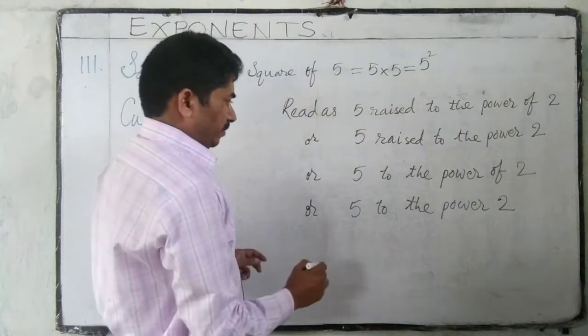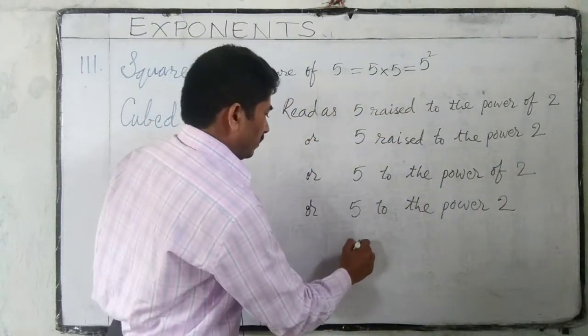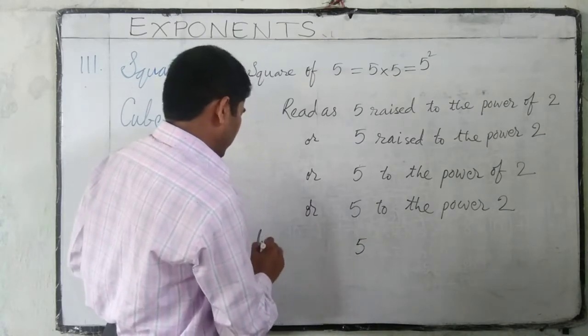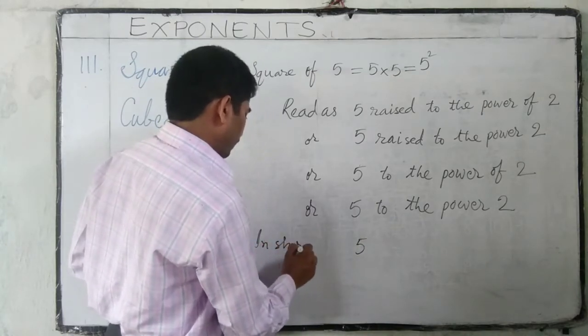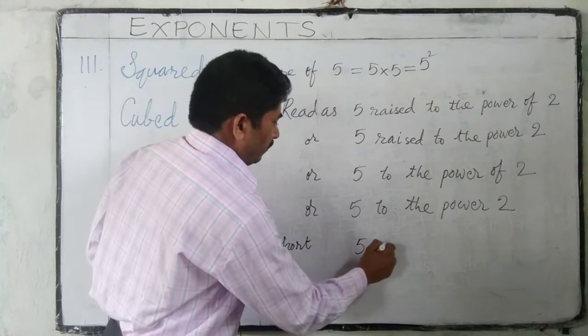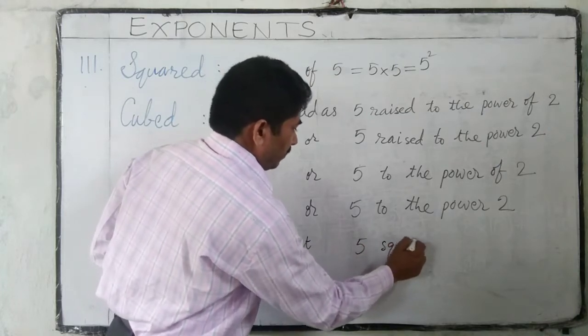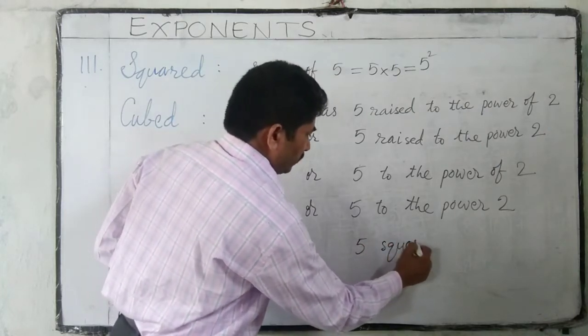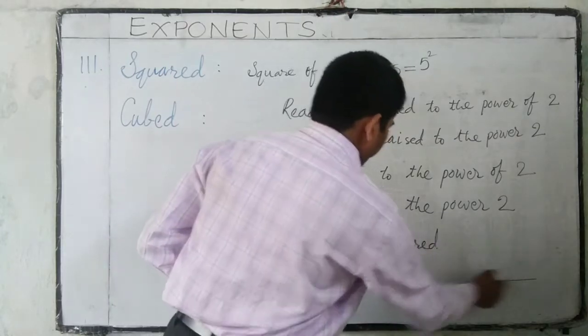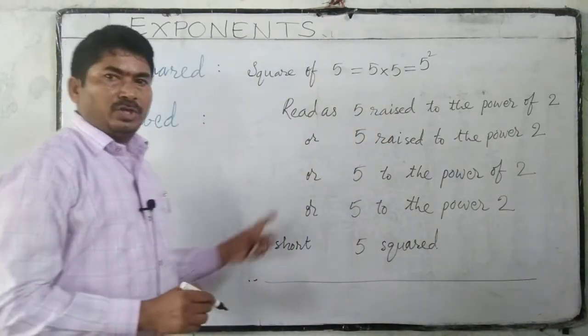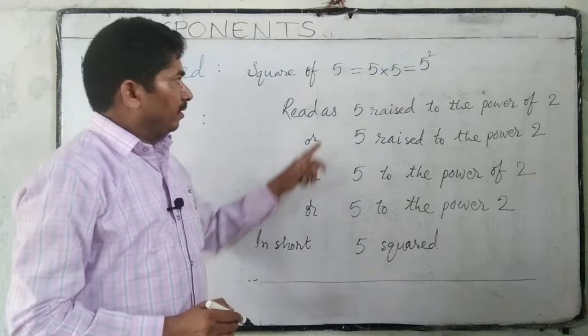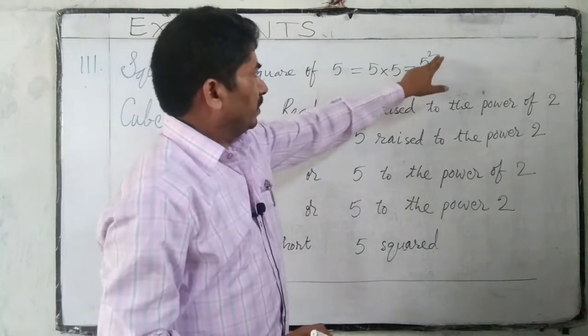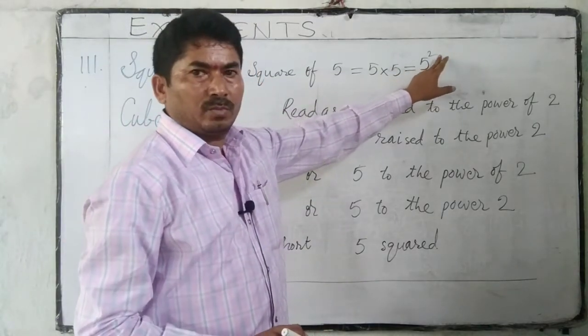In short, 5 squared. These many ways we can read 5 to the power of 2.